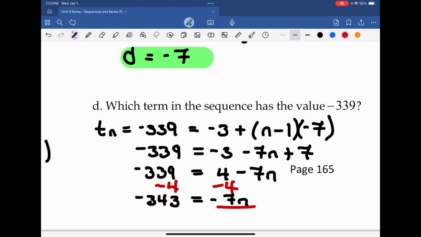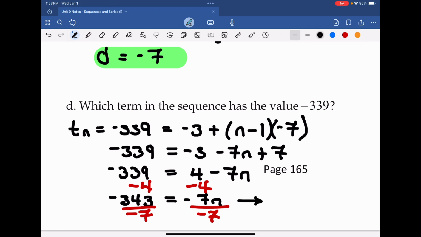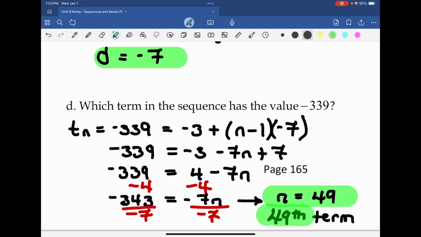The last thing we have to do is divide both sides by negative 7 in order to isolate n, and we find that n is equal to 49. So when we get negative 339 in the sequence, it represents the 49th term. That's another way of saying we have 49 terms in this sequence when we reach this specific value.